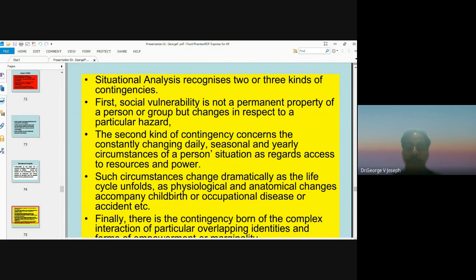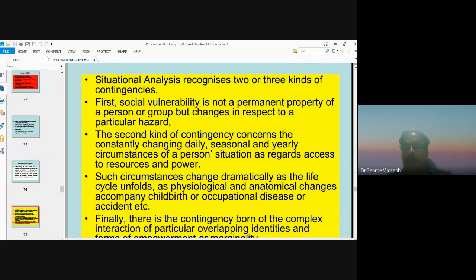So from childbirth to old age, the vulnerability may vary. You can't say that women at all ages have the same type of vulnerability, or whichever group.